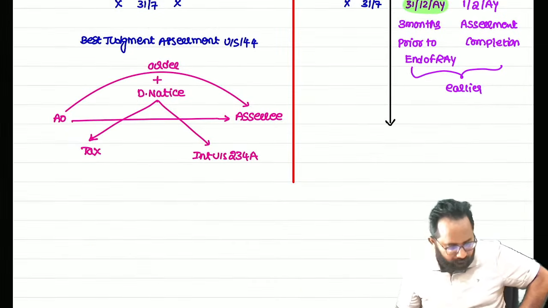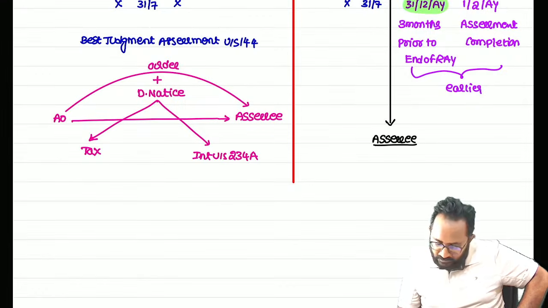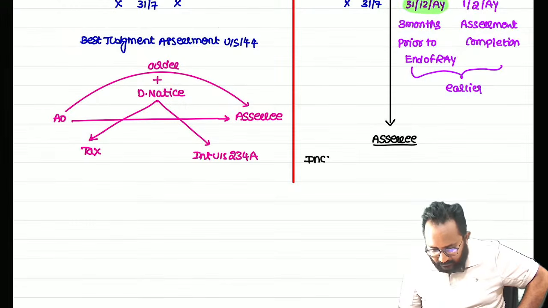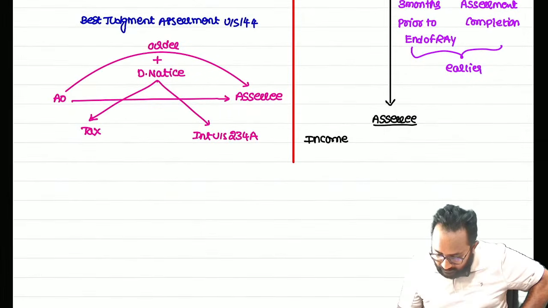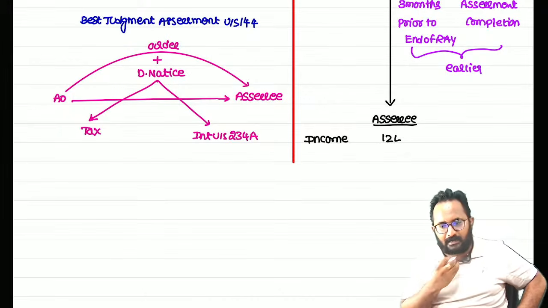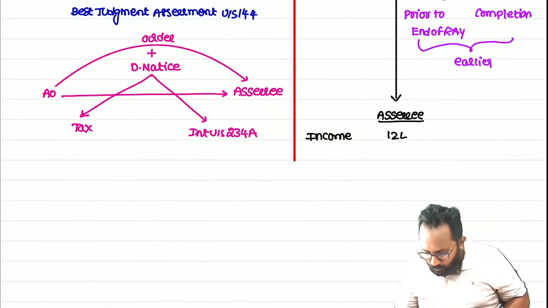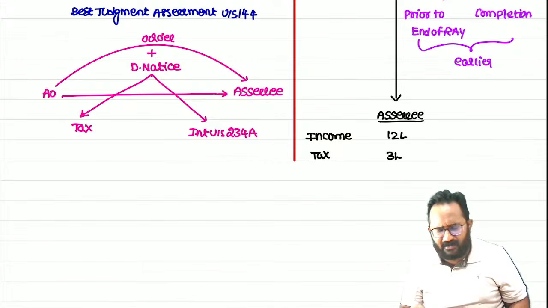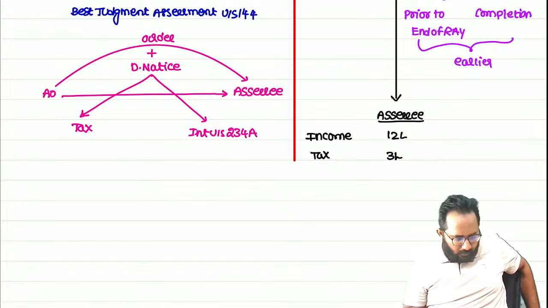Now tell me, SSC at the time of filing of return of income, income he declared, just random I have taken, at the time of filing this belated return, he declared the income 12 lakh. Okay, in the return, how much he declared? 12 lakh. What is the tax? What is the tax on this he calculated? 3 lakh. Just random. How to calculate that? Don't ask. Just random numbers we are taking. Okay.